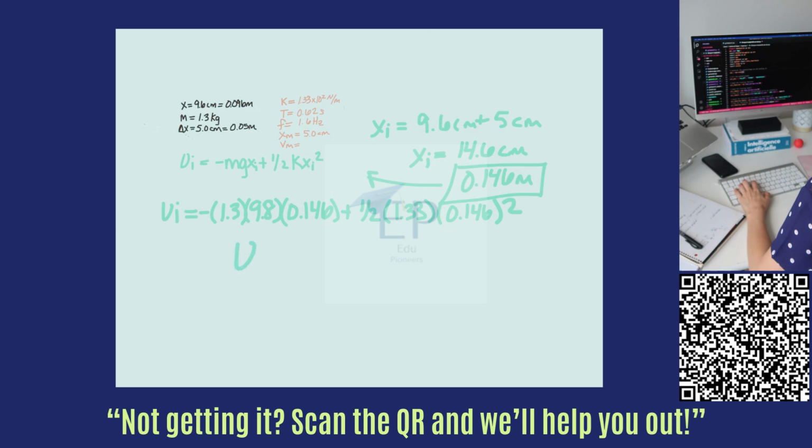And we get that our initial potential energy ends up being negative 0.44 joules.